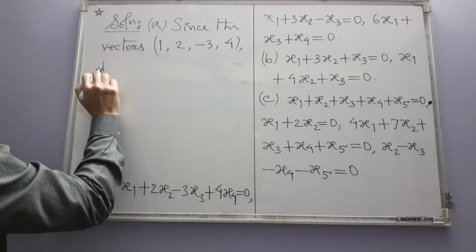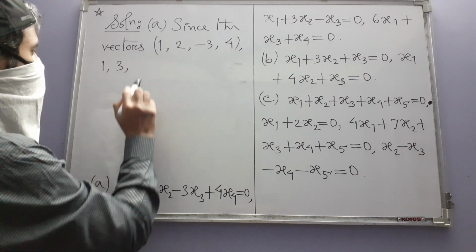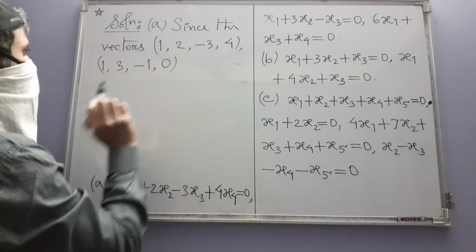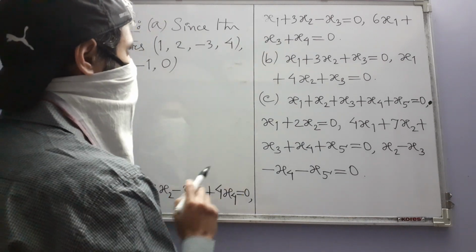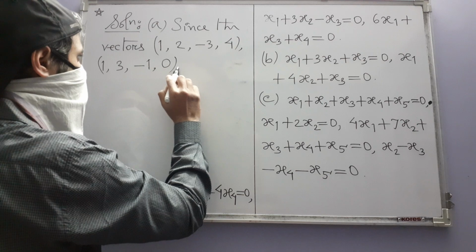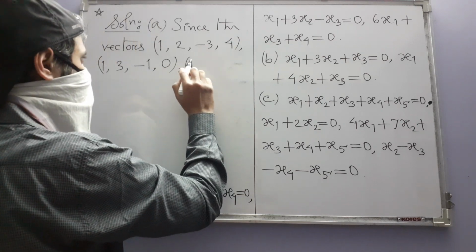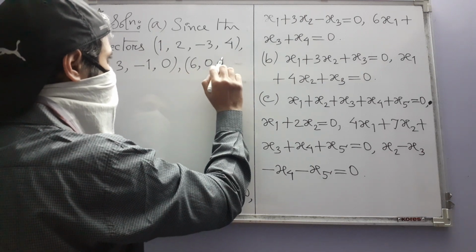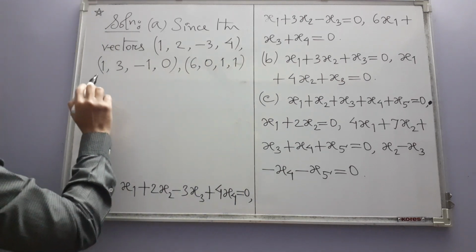So that will be 1, 3, minus 1 and 0. 0 because we do not have x4 there. And likewise the third vector comes from the third equation: 6, 0, 1, 1.